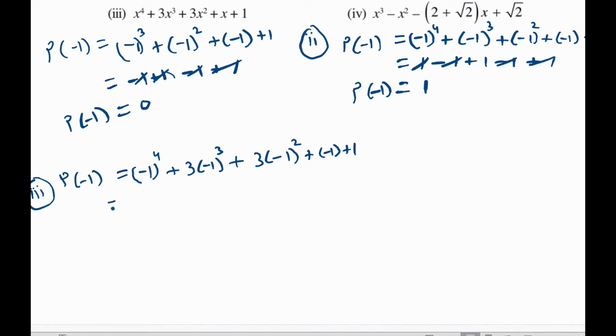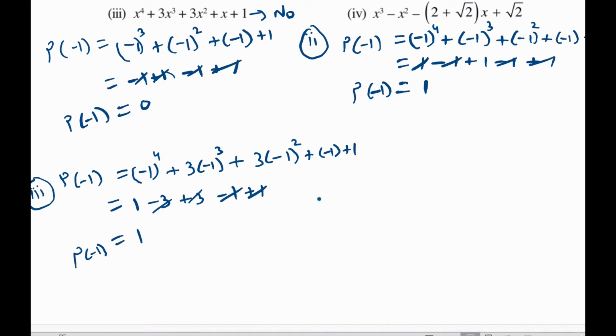So let's see what it gives us. This will become 1, this will become minus 3, this will become plus 3, this will become minus 3, minus 1, this will become plus 1. So this and this get cancelled, additive inverse, so does this and this. I'm left with 1. So p of minus 1 is giving me 1. So for this also x plus 1 is not a factor.